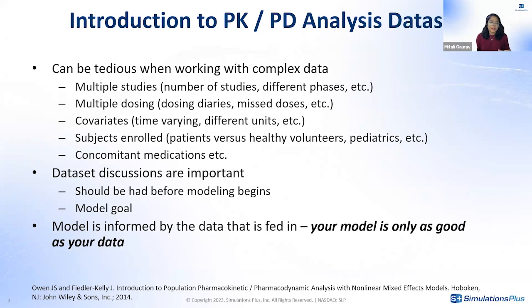So if you want to analyze the interaction between those, it can be very tricky to handle such situations. So please be mindful of some of the examples that I've mentioned while you create your analysis data set. As you can see, the data set is a very critical part of your modeling, and you need to have discussions around those before modeling begins, or if you're thinking of carrying forward with your PKPD analysis.